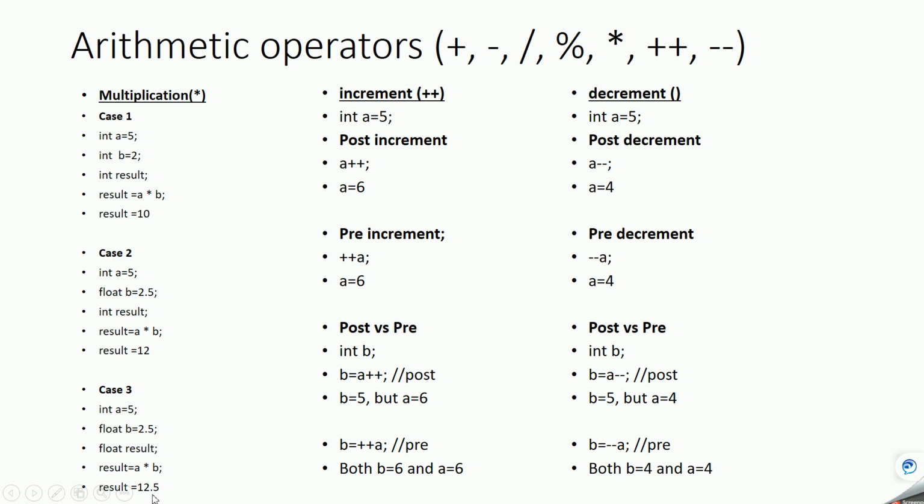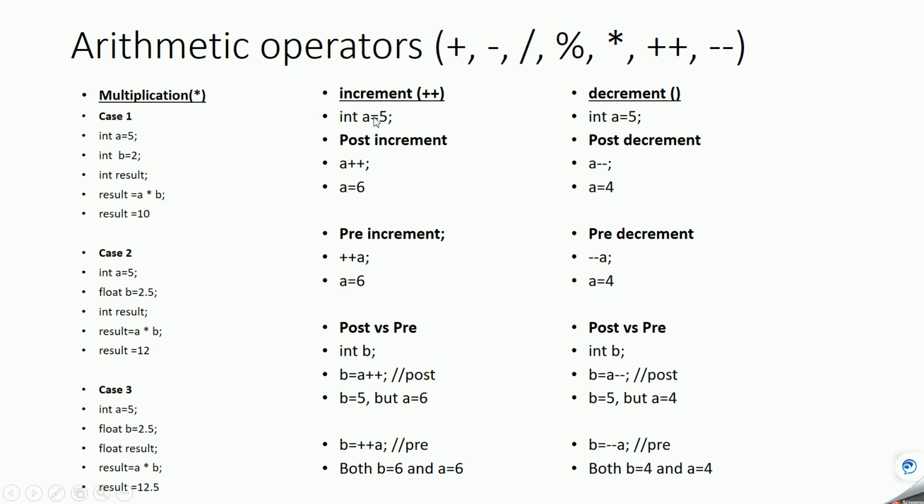But if you want to get exactly 12.5, what we have to do is just change the type of this result from int to float and it will give you the exact value. So this is how data type will change the behavior of this operation.